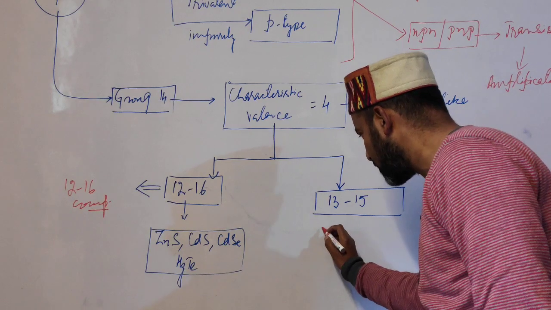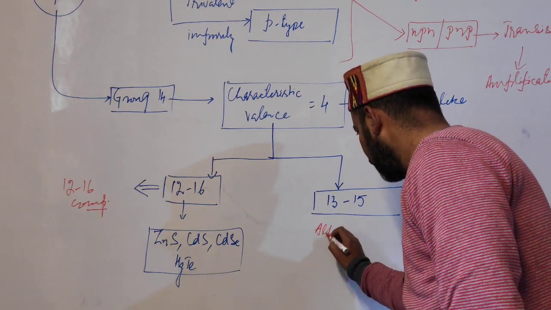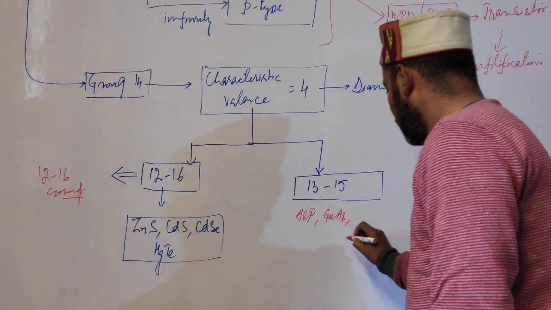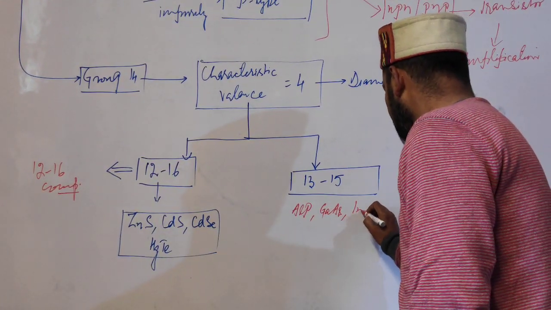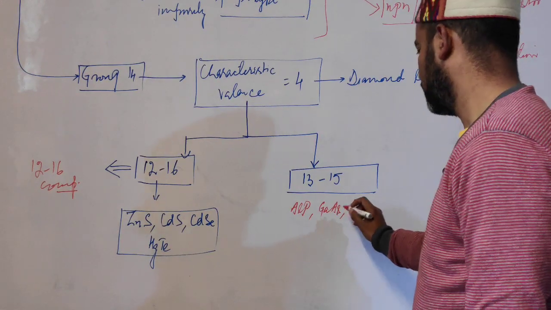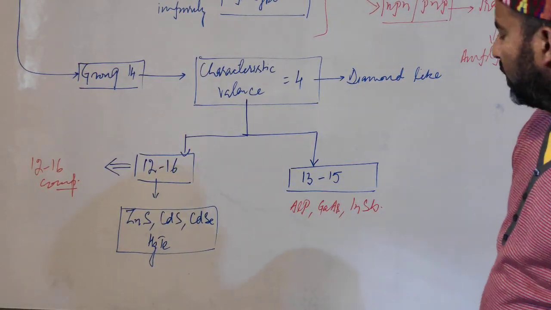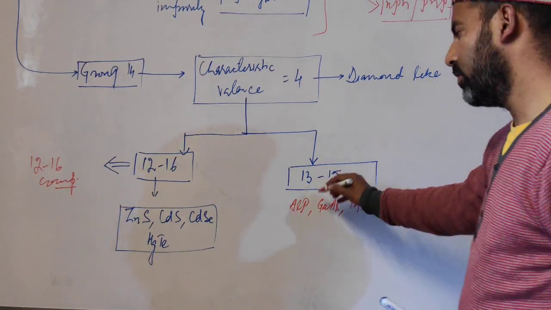Examples are aluminium phosphide, gallium arsenide, and indium antimonide, that is InSb.